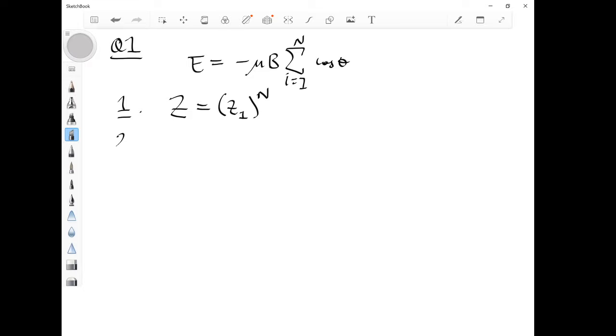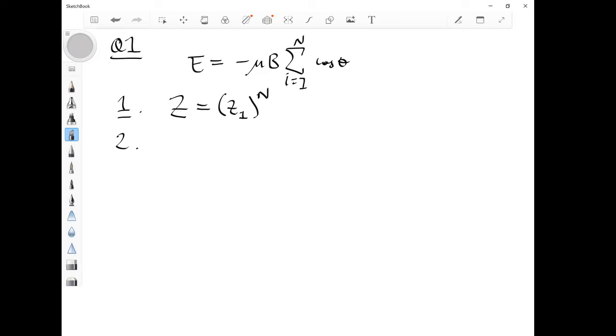So the second part of the problem is find an integral expression for the single dipole partition function of the system, and for this you'll need to include all possible orientations of the classical dipole.